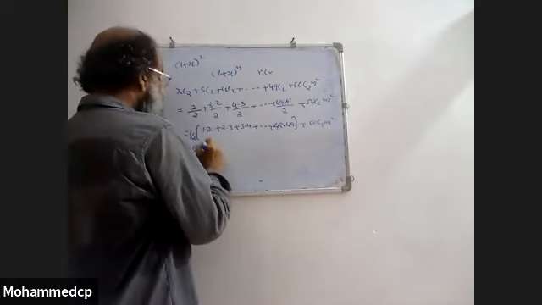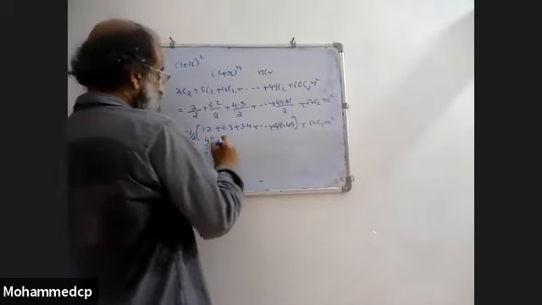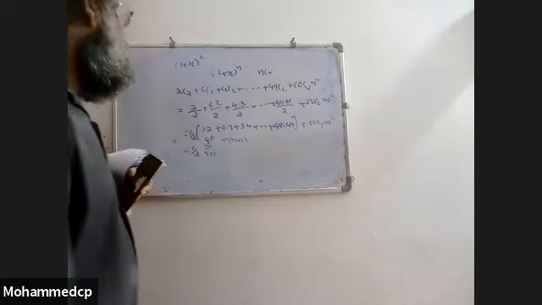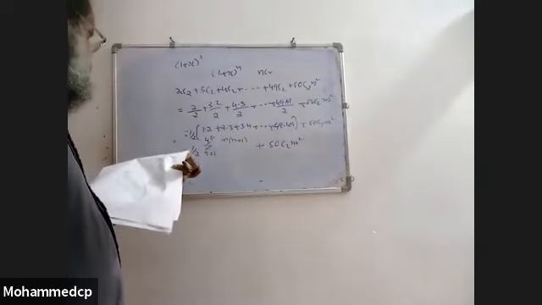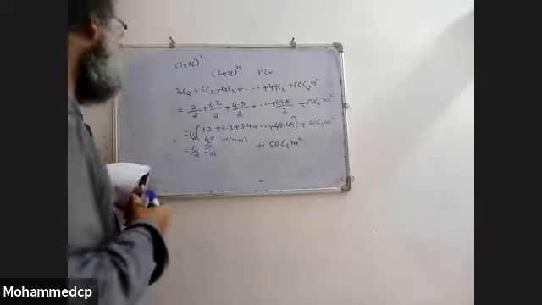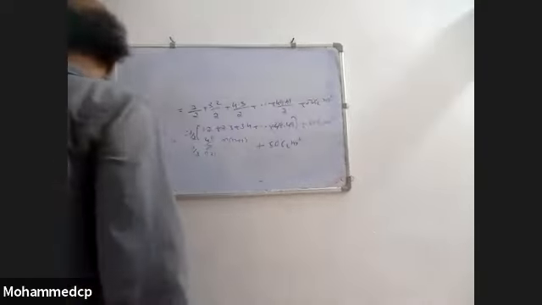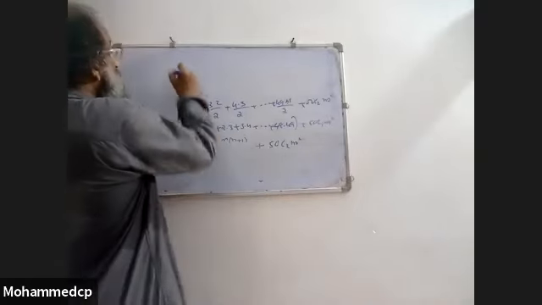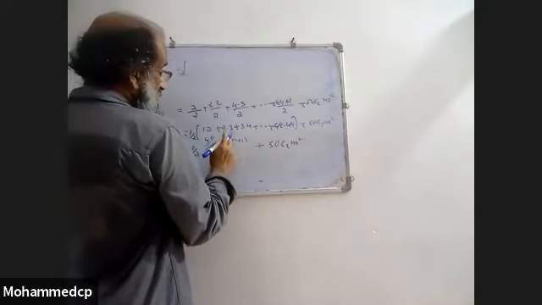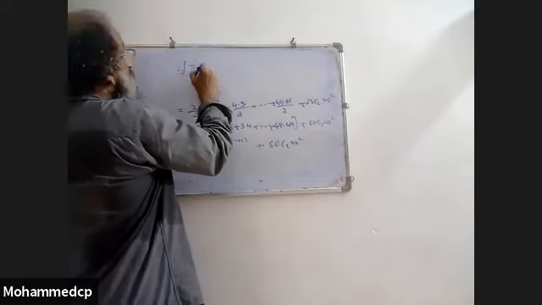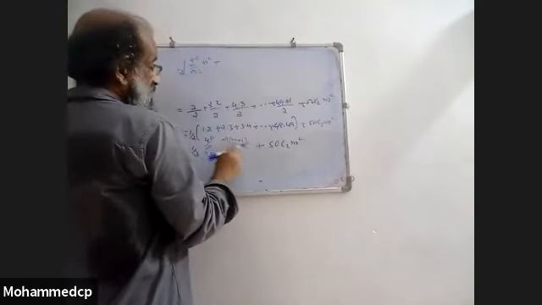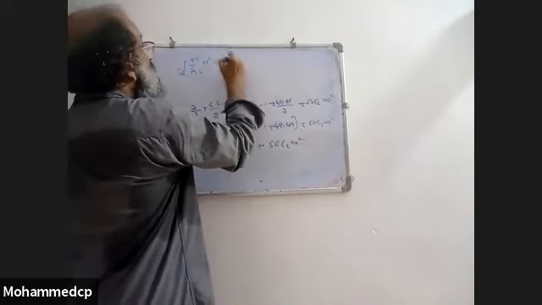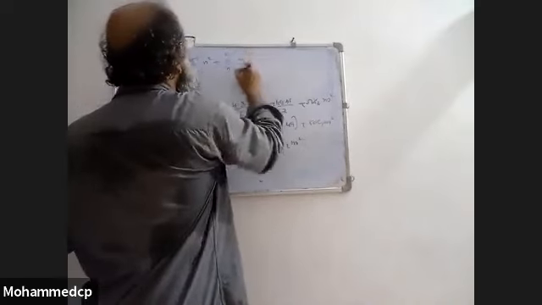Sigma n goes from 1 to 48 of n into (n plus 1): 1 × 2, 2 × 3, 3 × 4, etc. Plus that extra 50C2 m square, which is equal to 1/2 into sigma n goes from 1 to 48 of n square plus sigma n from 1 to 48 of n, plus that.